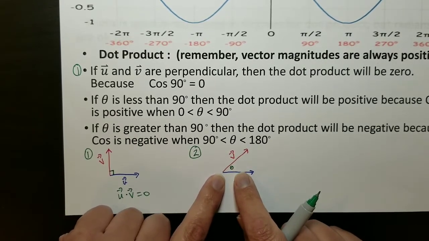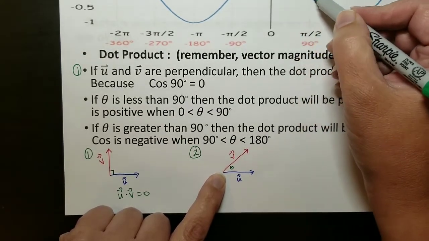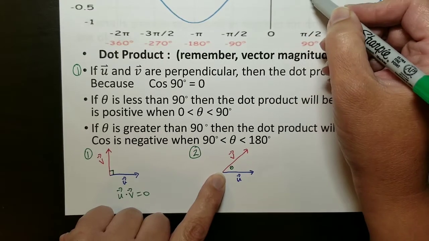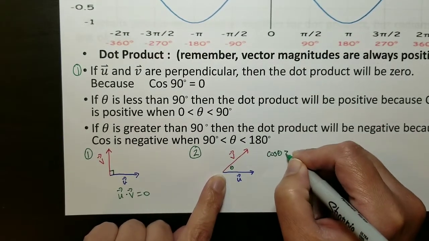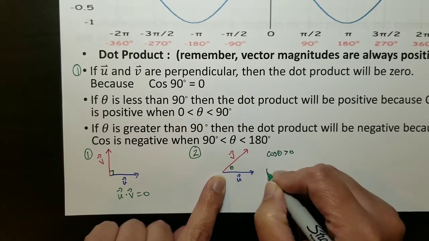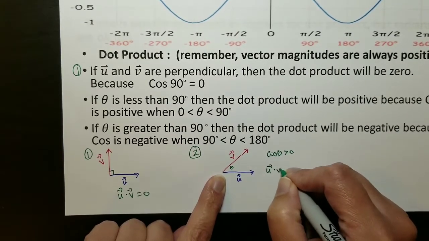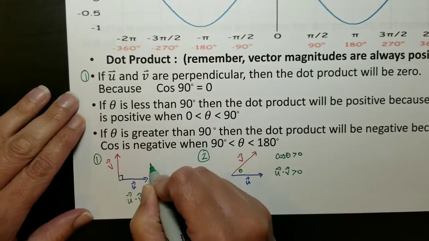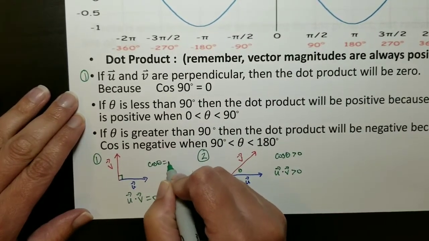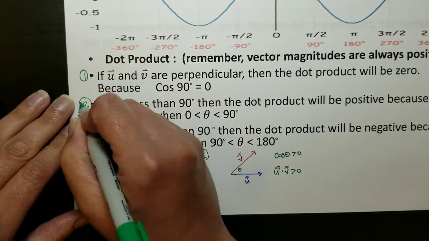What's the sign of cos theta if theta is a less than 90 angle? That would be somewhere in here. So cos theta is positive. So u dot v is positive. So that's my second case.